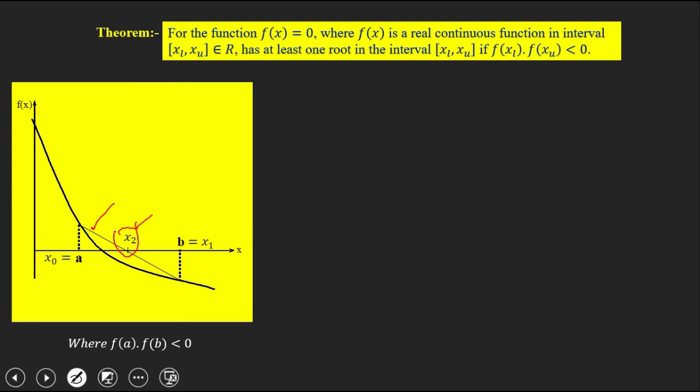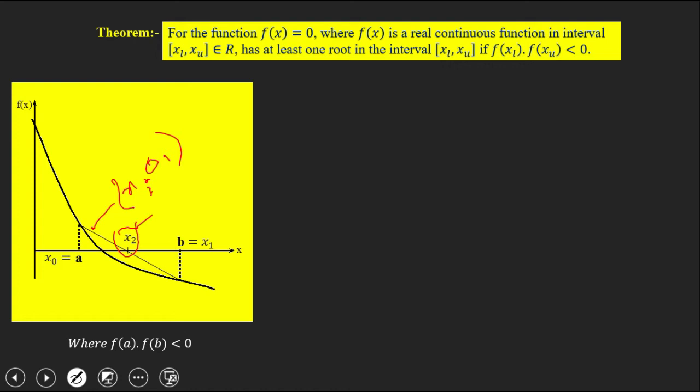So if we find the equation of this chord and then substitute at x2, y is 0, so this point is (x2, 0). Then this chord equation must satisfy this point, and after substituting the point (x2, 0) in this chord equation, what will we get?